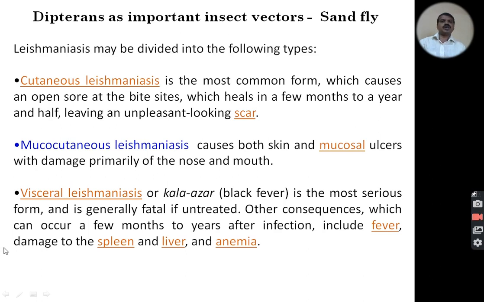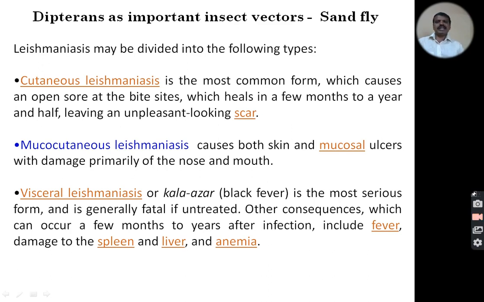Leishmaniasis can be divided into the following types. As I told you, there are three types: cutaneous leishmaniasis, mucocutaneous leishmaniasis, and visceral leishmaniasis.